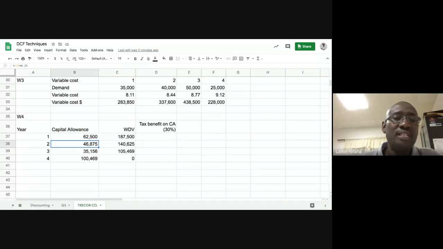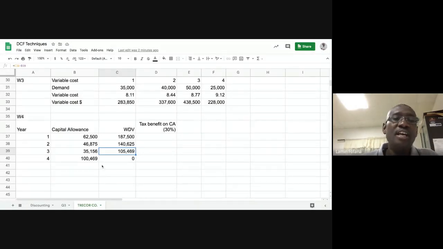Okay, so that's 46,875 less the previous balance gives you 140,625. That 140,625 will be brought forward in year 3, and then the capital allowance rate will be applied on it at 25% to give us our 35,156. After having our capital allowance of 35,156 in year 3, less our previous balance, it will give us our 105,469. So that means this is the written down value of the asset at the end of year 3.